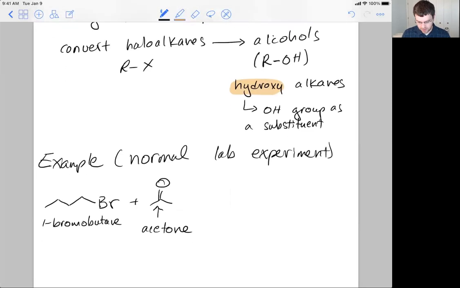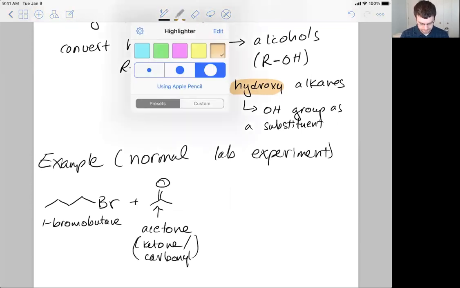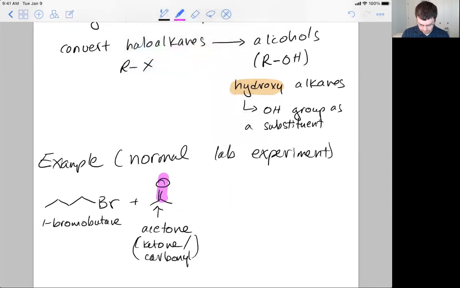You might recall from the IR lab that acetone is a ketone or a carbonyl. And what I want us to focus on is that we have a carbonyl present. And the carbonyl is the carbon-oxygen double-bonded species.